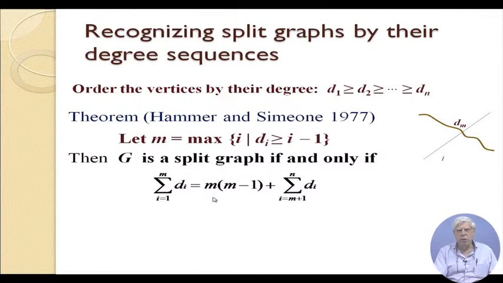So a graph is a split graph if and only if summing the degrees from 1 to M equals M times M minus 1 plus the sum of the degrees starting at M plus 1 going up to N. So you can think of it as what is the sum of the degrees? Well, it would be this area below and this area above.